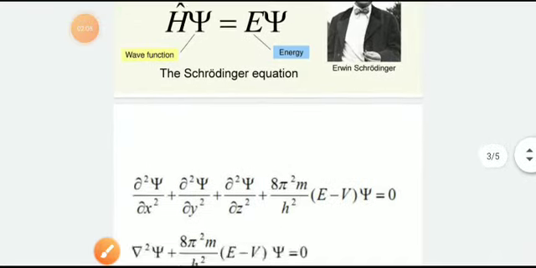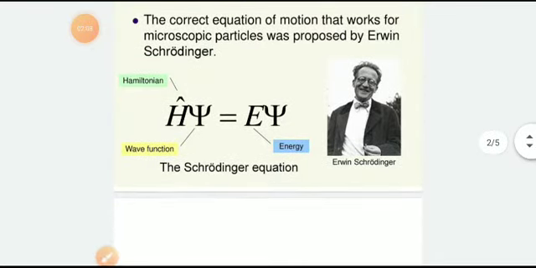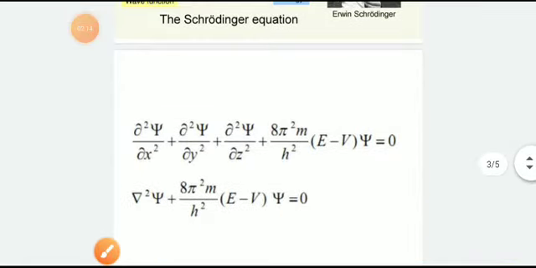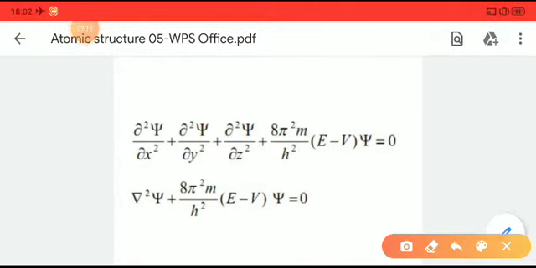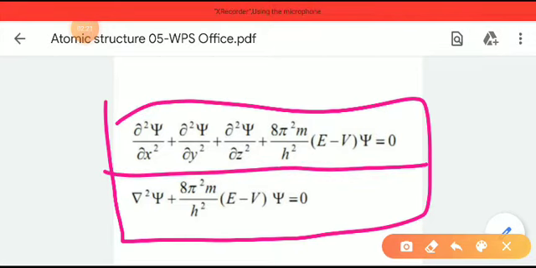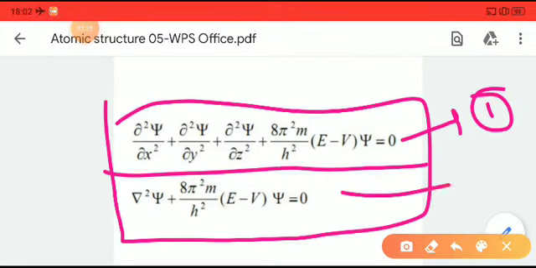Although by this equation we cannot get anything, we have to use a more complicated system of equations, that is this equation. This is equation number 1 and this is equation number 2.